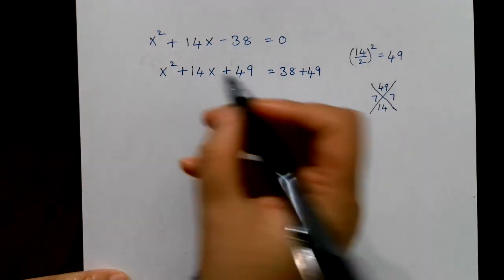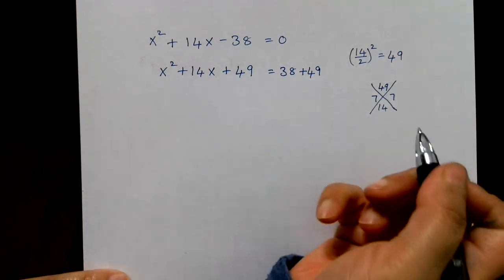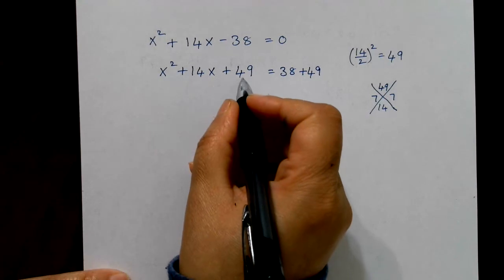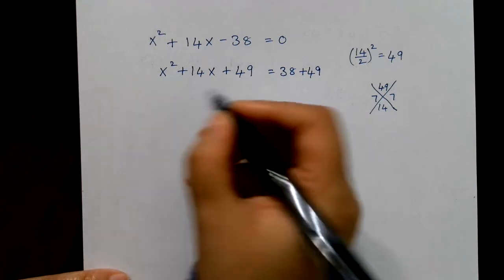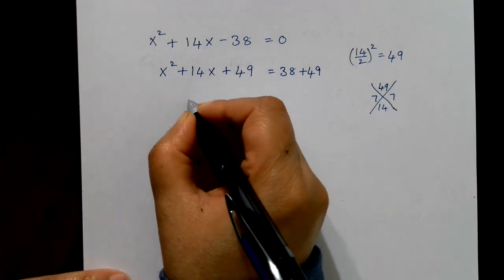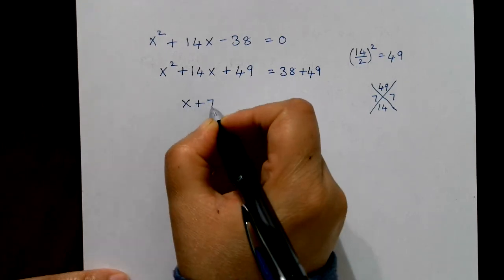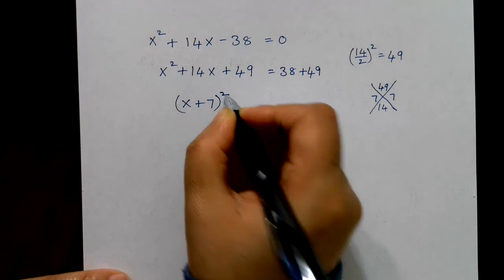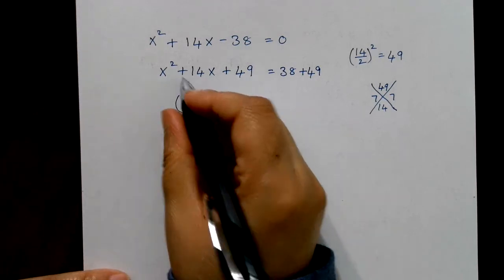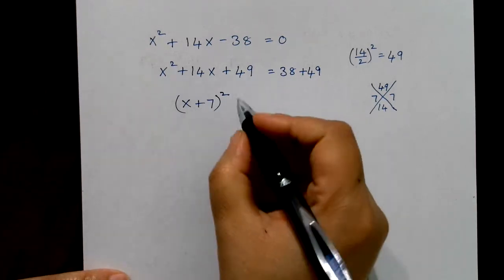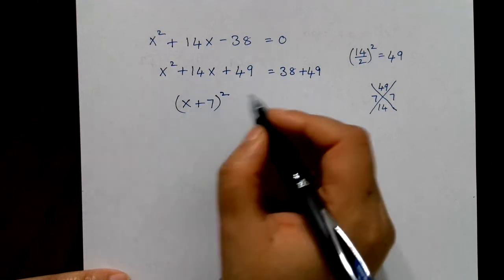And we know it's a perfect square trinomial, so we get the same number. So we can just take the square root of 49, which is 7, and say it's (x + 7) squared. Now, if this number is positive, you'll end up with a positive right there, and if it's negative, you'll get a negative.